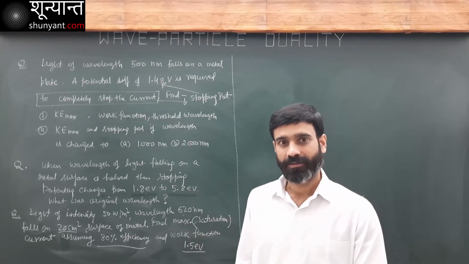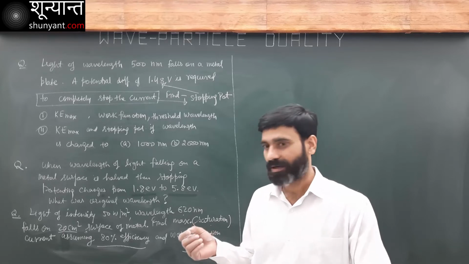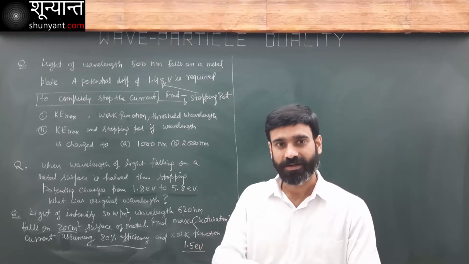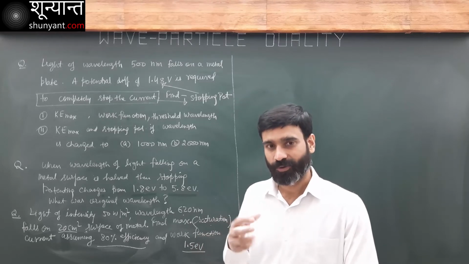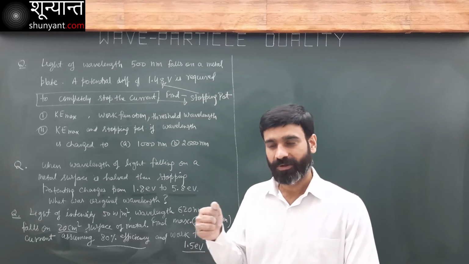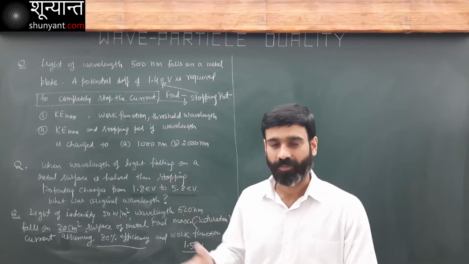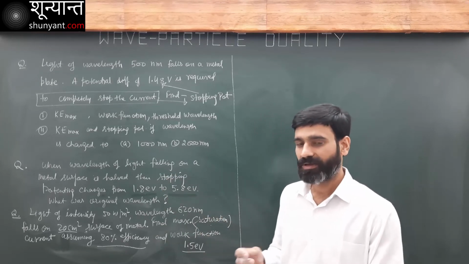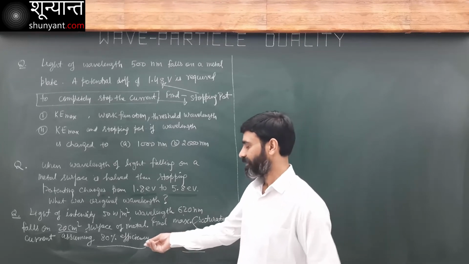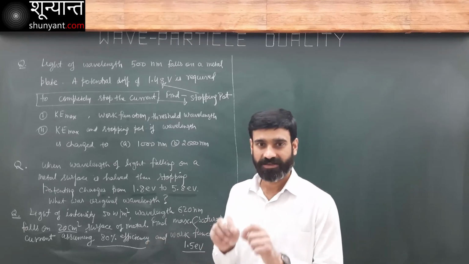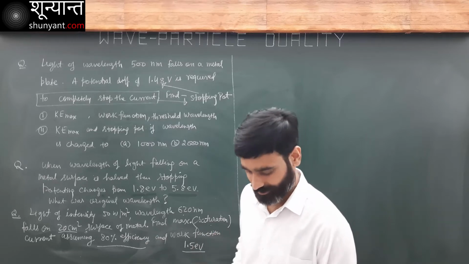But 100 electrons are not emitted, only 80 electrons are emitted. Energy of 100 photons is absorbed, but somehow 20 electrons are not able to come out, due to whatever reason. Only 80% electrons are coming out. So we are assuming 80% efficiency. Assuming this, I have to find the maximum current, saturation current.